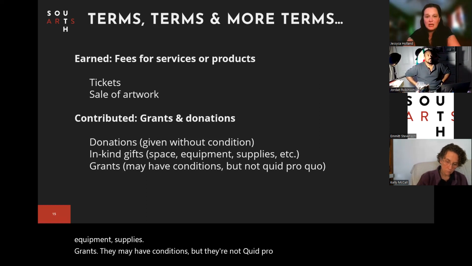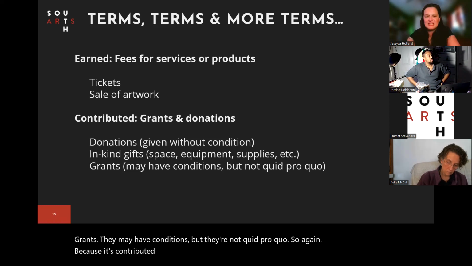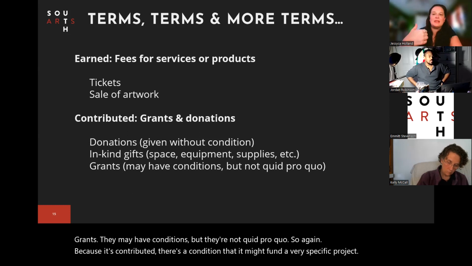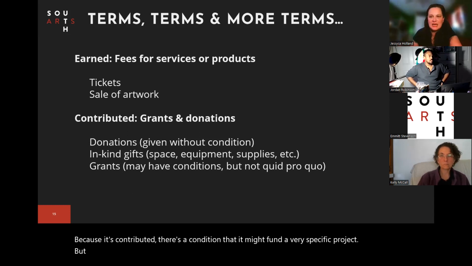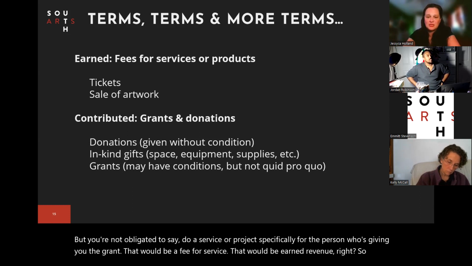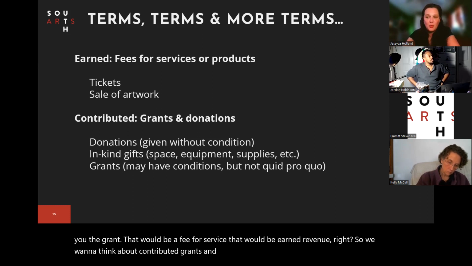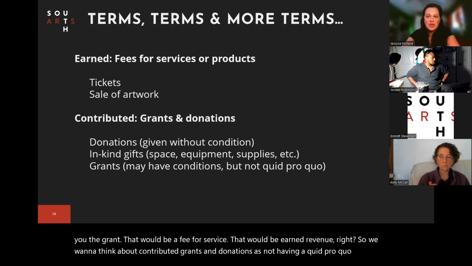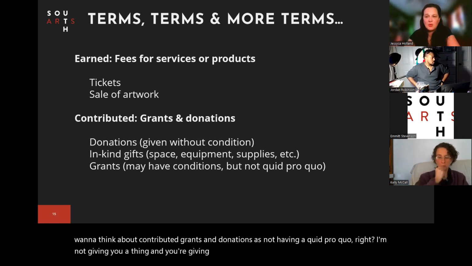So again, because it's contributed, there's a condition that it might fund a very specific project, but you're not obligated to say, do a service or project specifically for the person who's giving you the grant. That would be a fee for service. That would be earned revenue, right? So we want to think about contributed grants and donations as not having a quid pro quo, right? I'm not giving you a thing and you're giving me something of equal value.